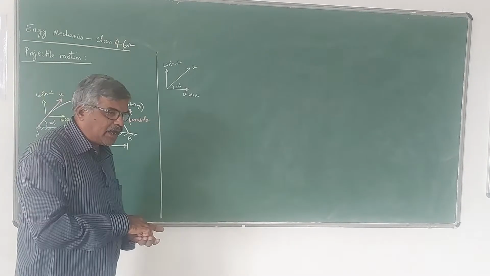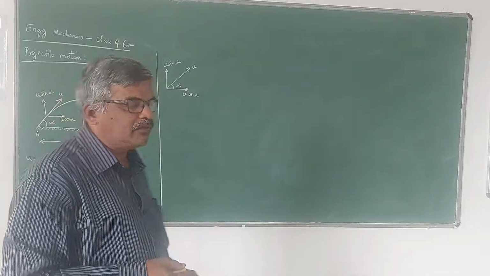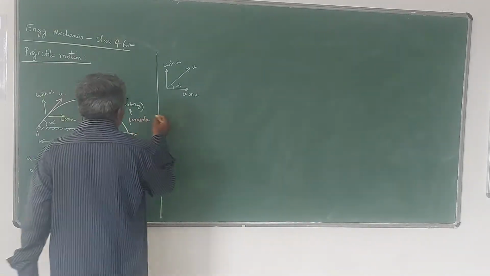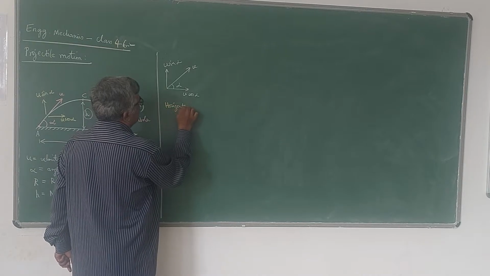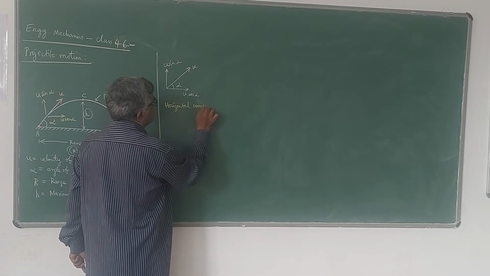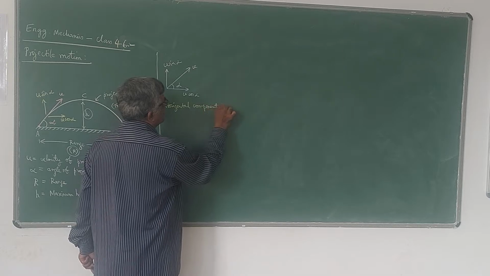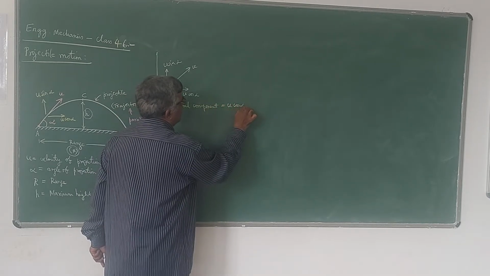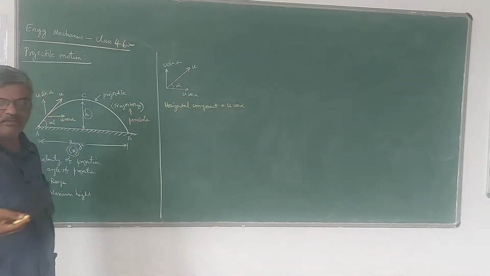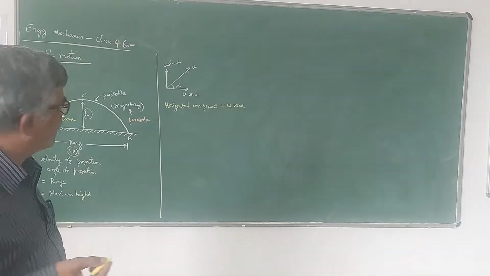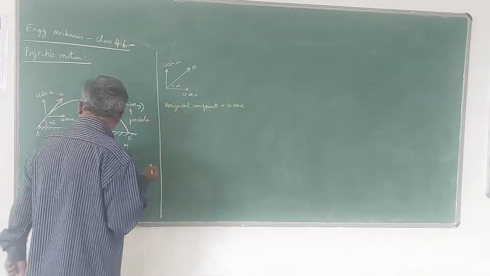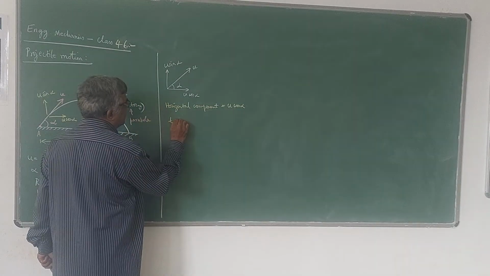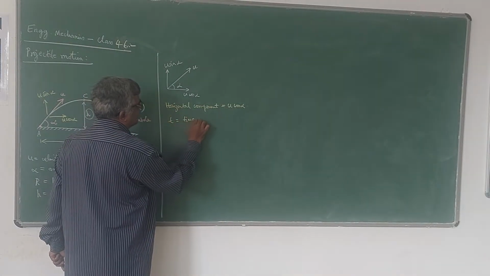So here, horizontal motion we have to take like this. The horizontal component of velocity is u cos alpha. Suppose I take the time taken by the projectile as t, so t is called the time of flight.